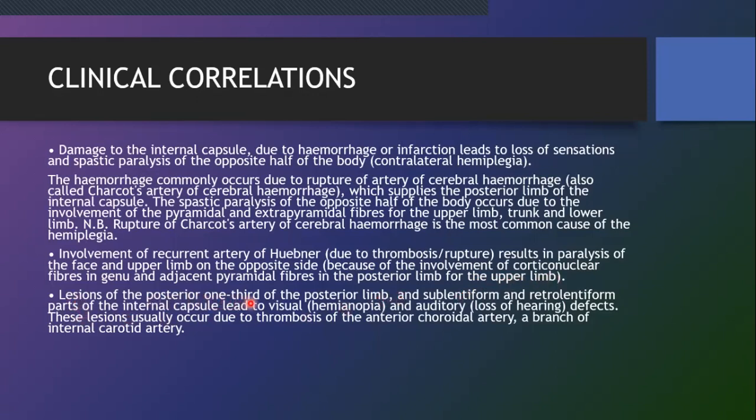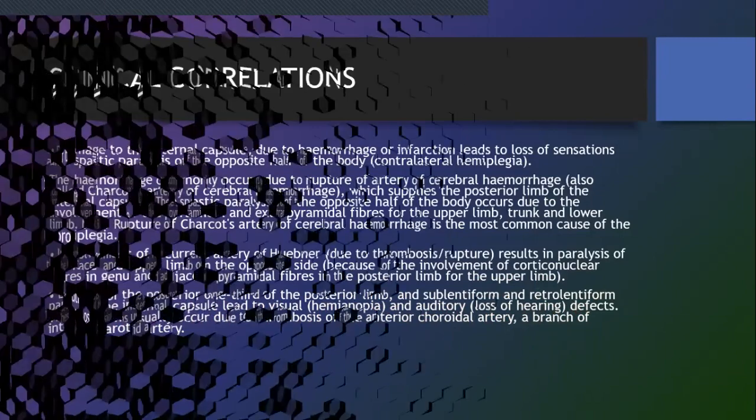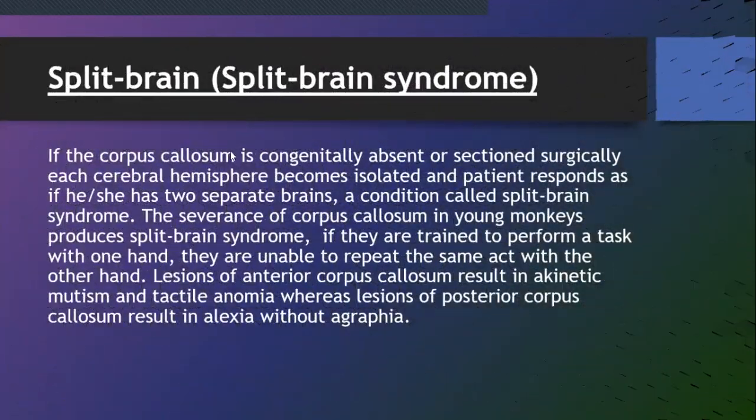Lesions of the posterior one-third of the posterior limb and the sublentiform and retrolentiform parts of the internal capsule usually lead to visual and auditory defects: hemianopia in the visual defects, or loss of hearing in the auditory defects. These lesions usually occur due to thrombosis of the anterior choroidal artery, which is a branch of the internal carotid artery. Then let's look at the last one, the split brain syndrome.